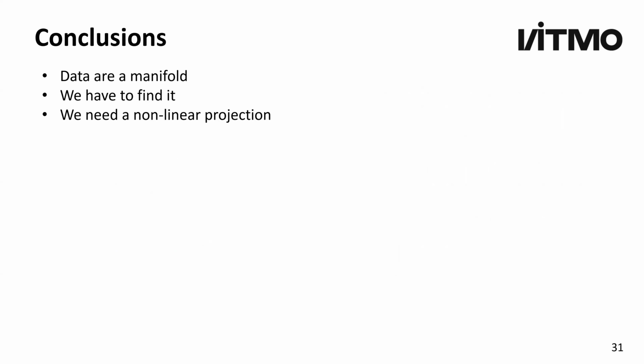So yes, just a simple, very obvious conclusion: data is a manifold, and we should live with it. It is essentially a nonlinear manifold, and what we are required to do is to find a distance graph.